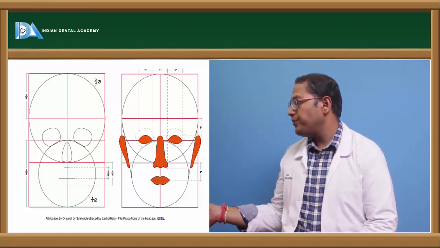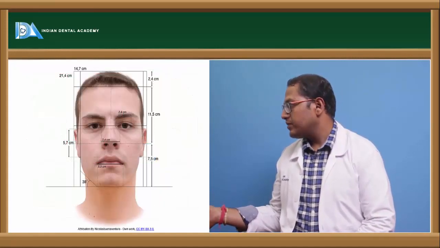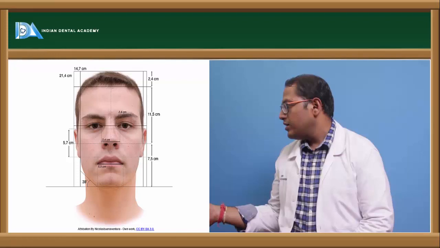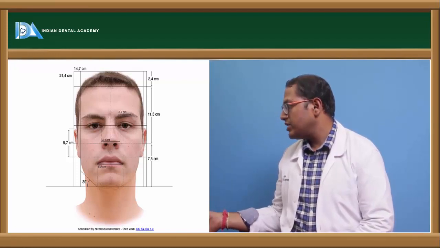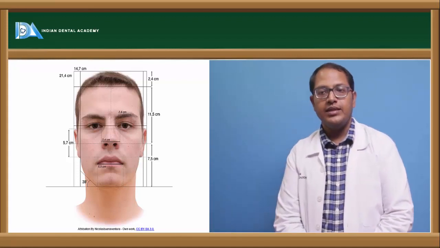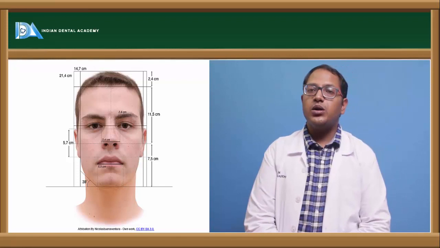There's a ratio always. For example, from the hairline to the nose, glabella to the subnasal area, to the lips and to the chin base, all are in proportion. That is what the golden proportion says.